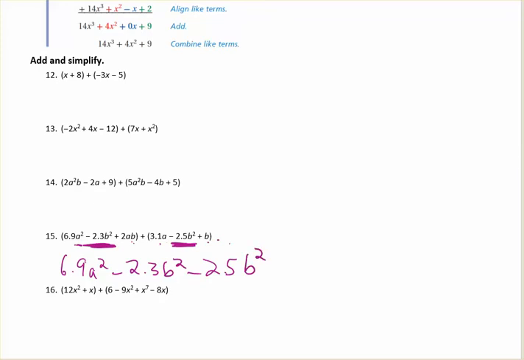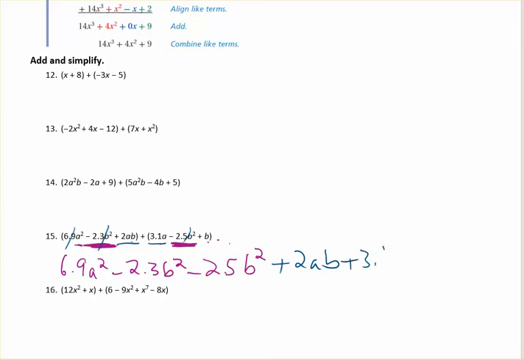So there I've got the a squared and the b squareds done. So let me just cross those off. And note again that the sign in front of it goes with it. Now I have a plus 2ab, but I don't see any more of those. I see here I have a 3.1a, but there's no more a's.